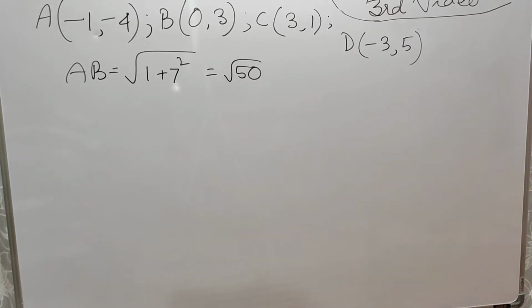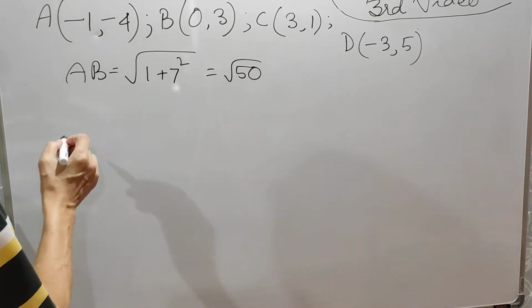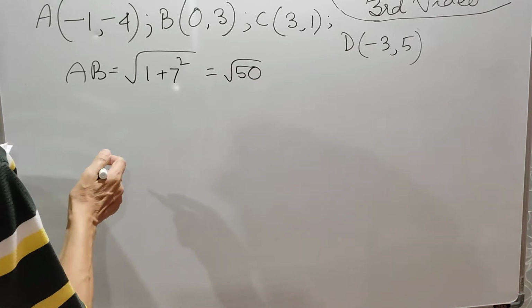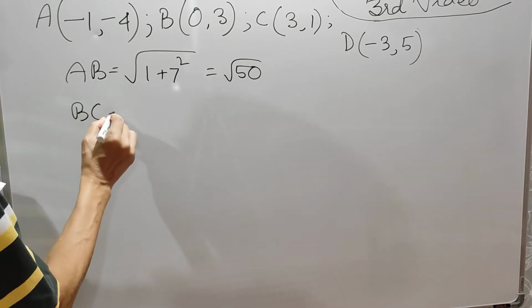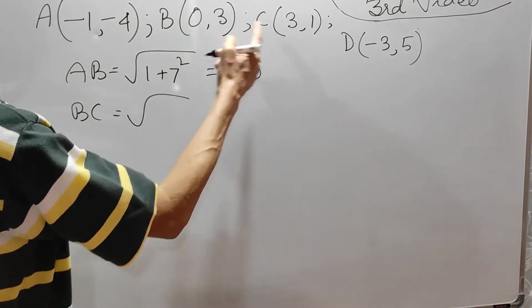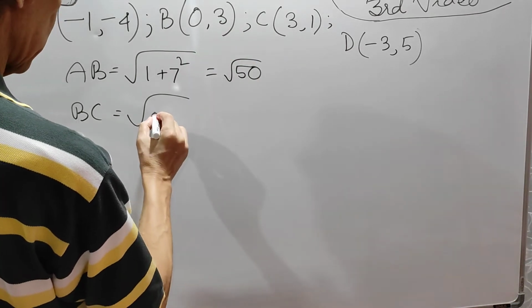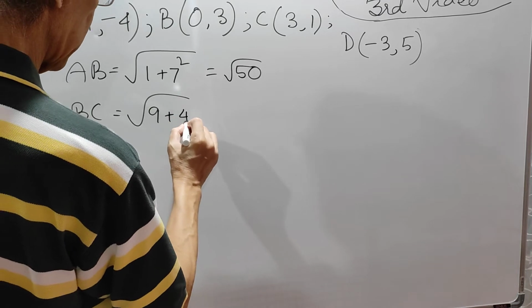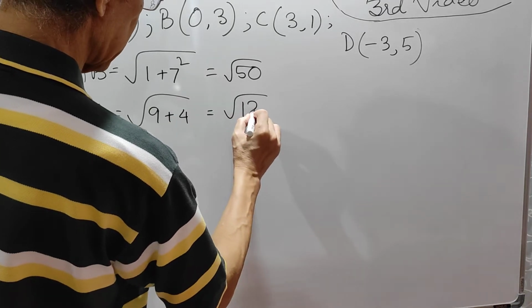So okay, then BC. So BC is what? Root over 3 squared, 9, plus 2 squared, 4, that is root 13.